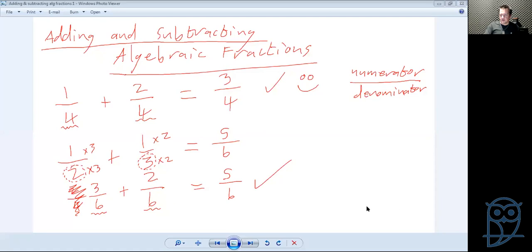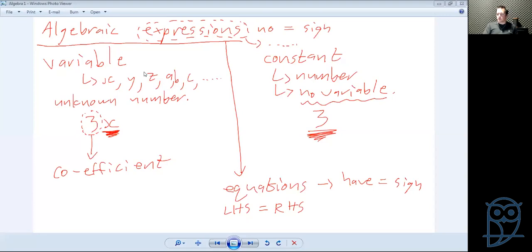Just to remind you about what we were doing, remember with algebraic expressions, they are pretty much related around variables, which represent an unknown number.